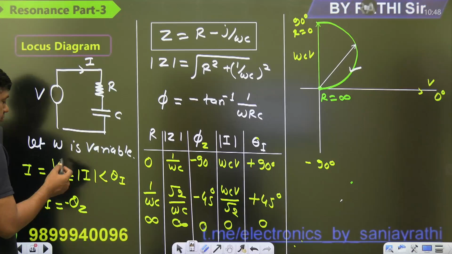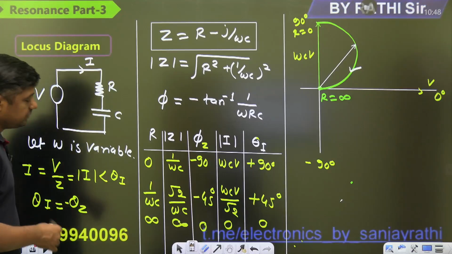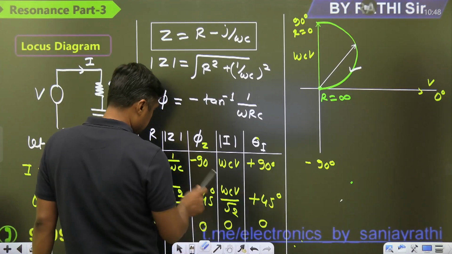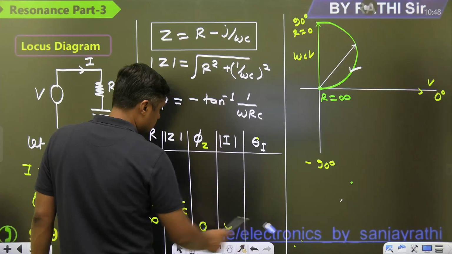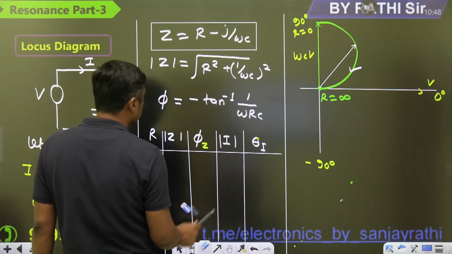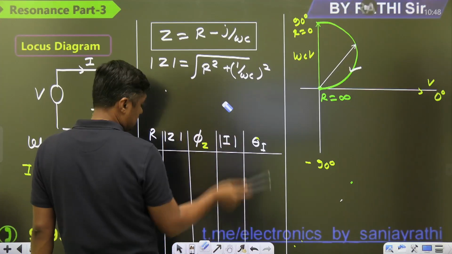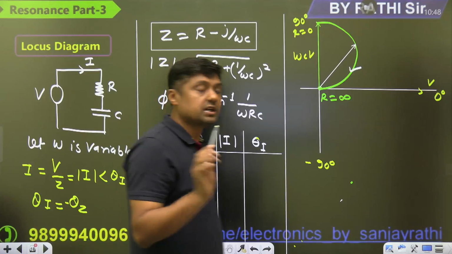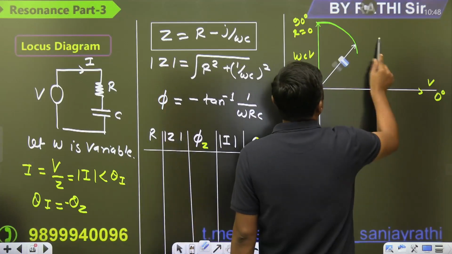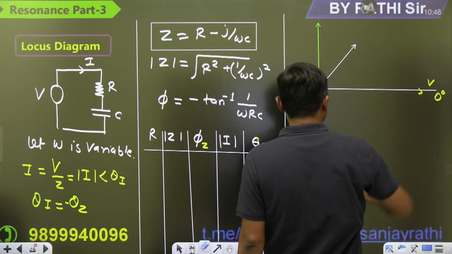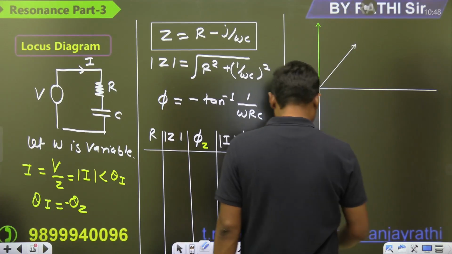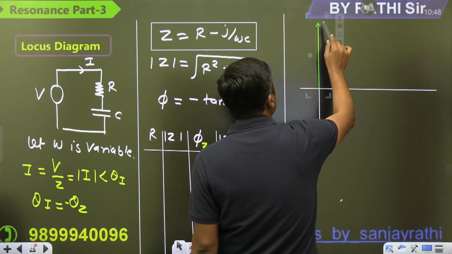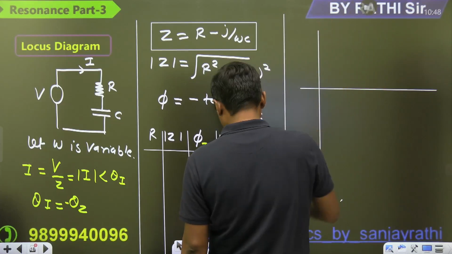Omega, the frequency, is variable, but that formula will remain the same. There is a change in what? The phasor diagram only. Okay, that is the diagram.